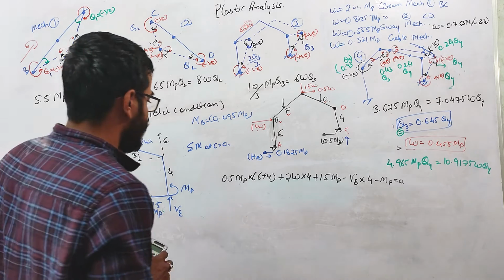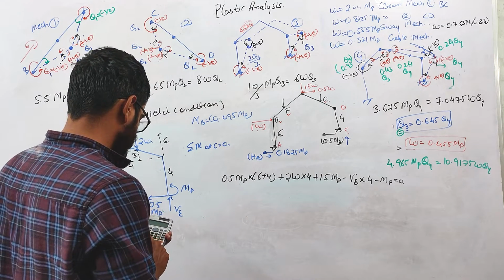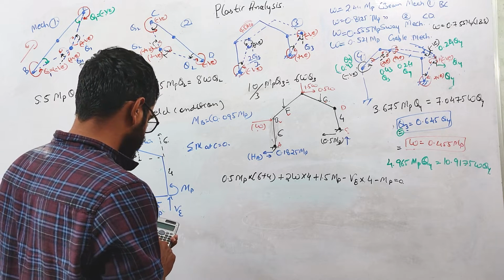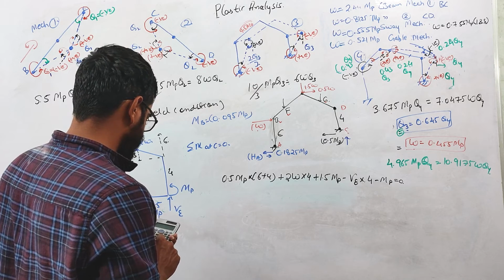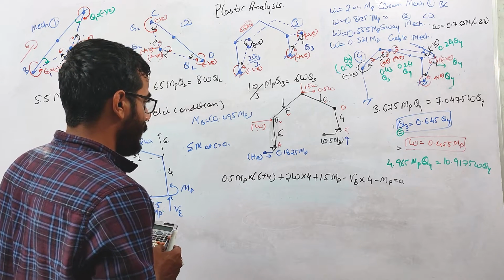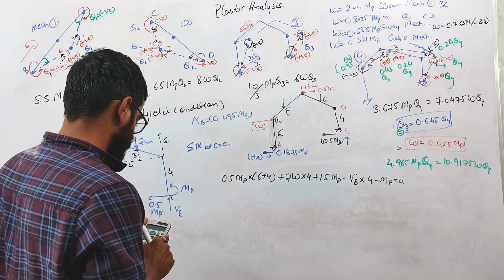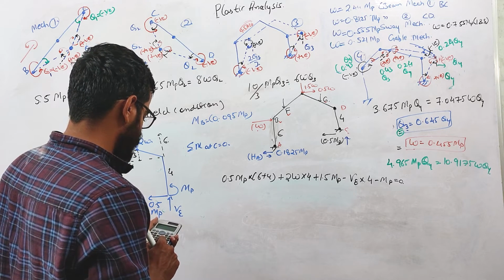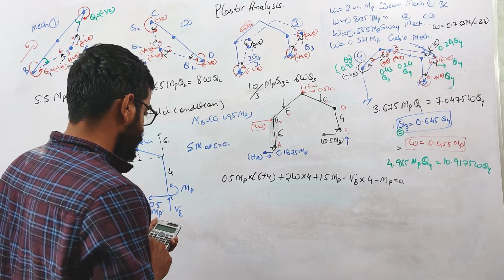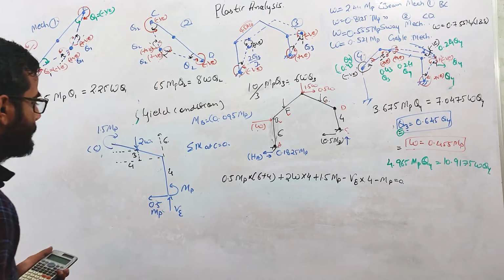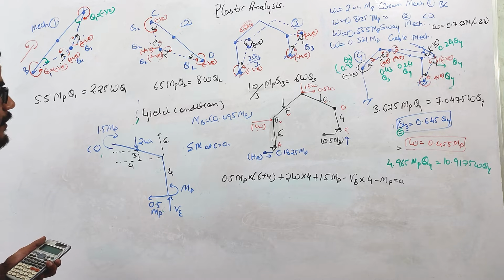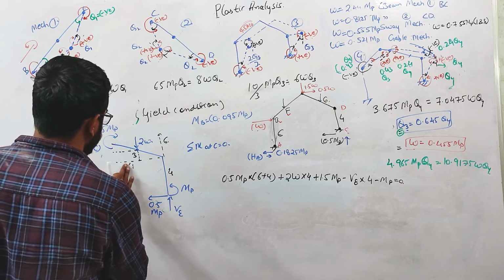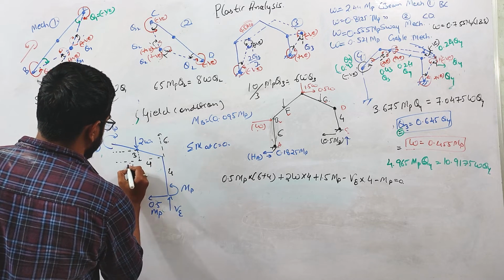So if you calculate the 10 plus 2 into 0.455, VE into, sorry, this is 4 and this is 4.